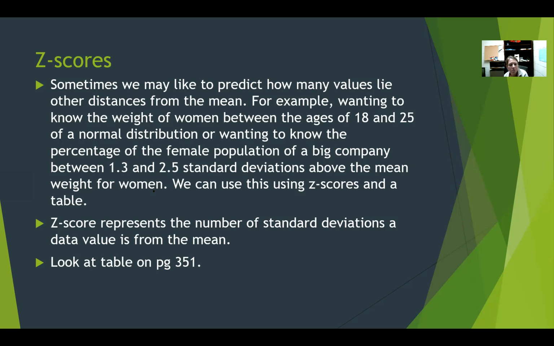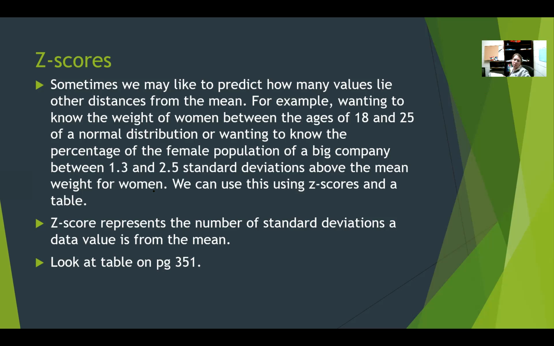And the z-score represents the number of standard deviations from the mean. So we use z-scores when your standard deviation isn't your nice, perfect 1, 2, or 3 standard deviations.